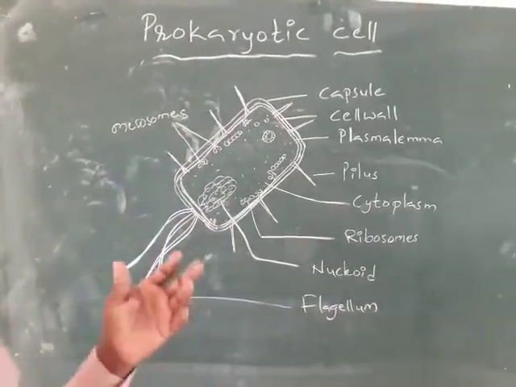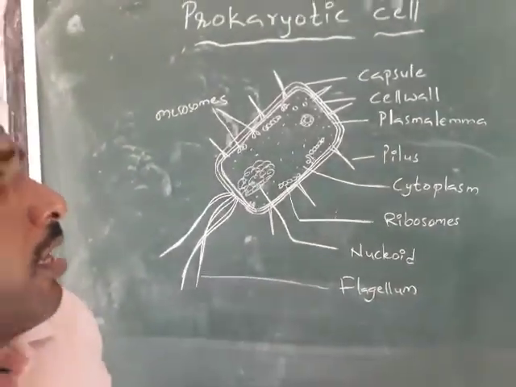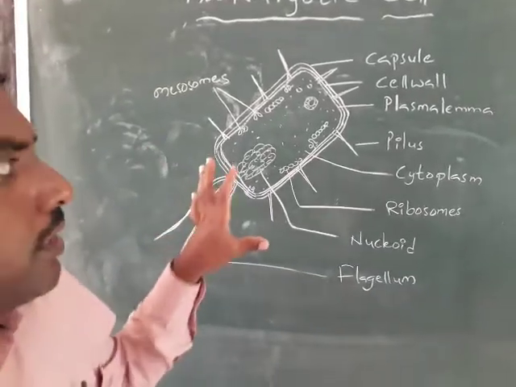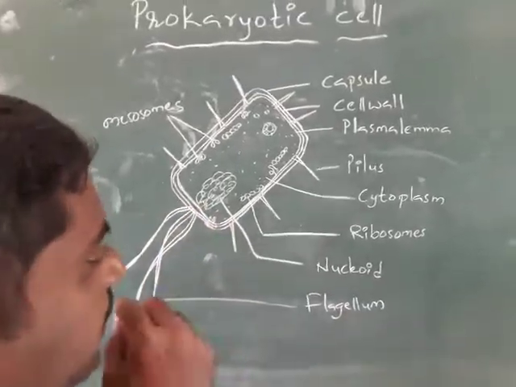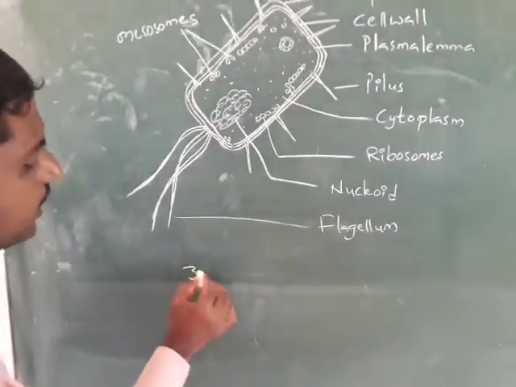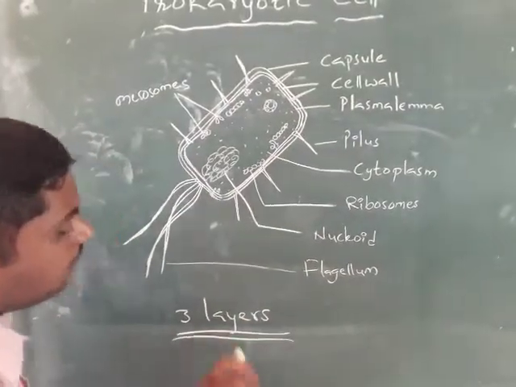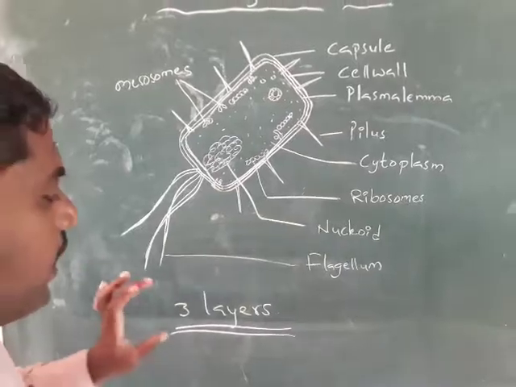Now we have to discuss the structure of the prokaryotic cell. Here the cell envelope of the bacteria contains three layers.